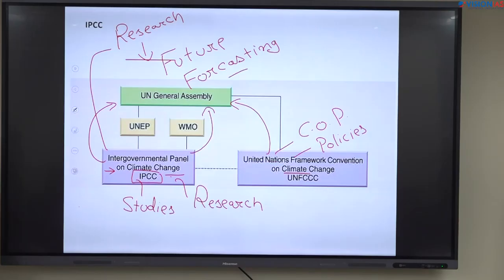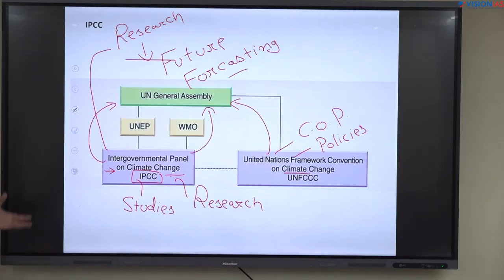And they are very accurate in this. So far, whatever predictions they have made, it has come true. If IPCC is saying something that this will happen after 5 years, 10 years, there is a very high chance that it will happen. Because whatever predictions they have made in last 30 years, most of them have come true. So they are very accurate in predicting the future. So if they are saying something, it has to be taken seriously.